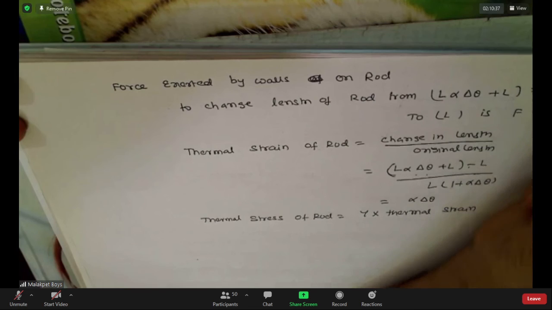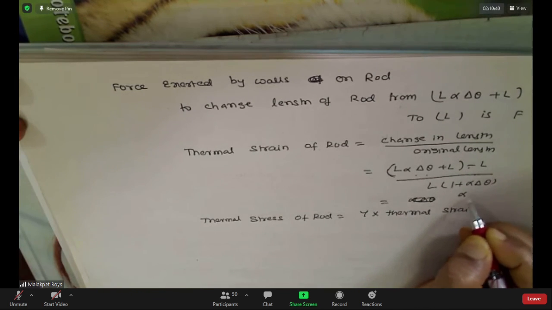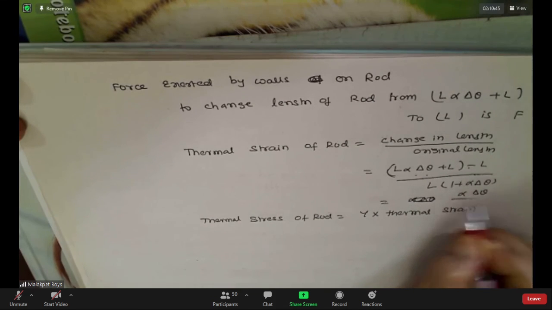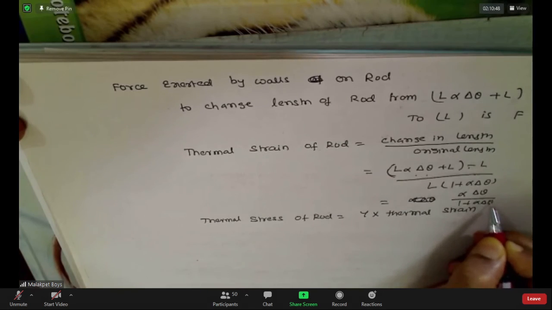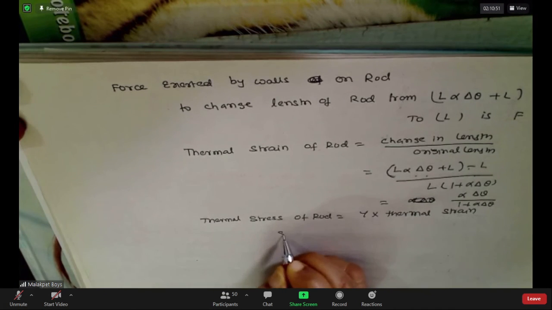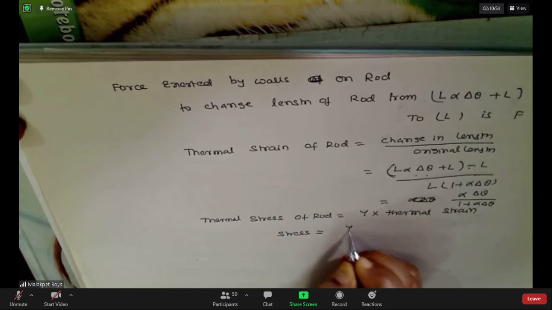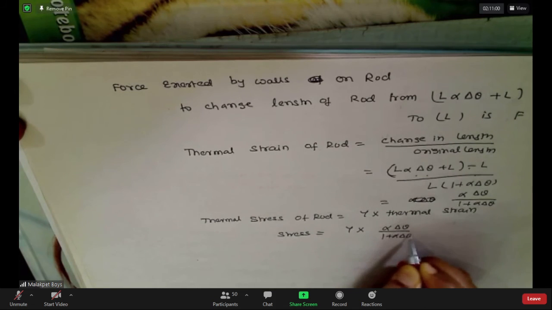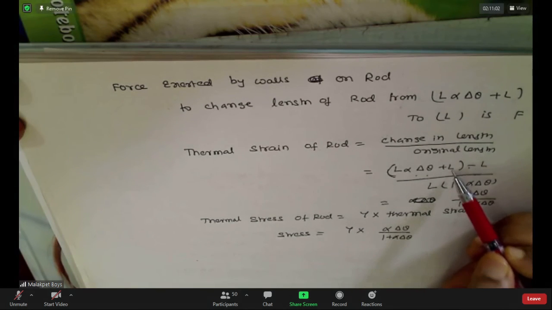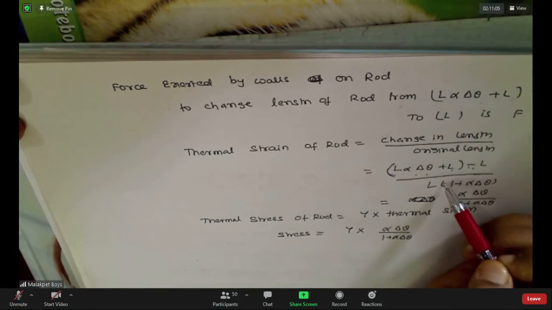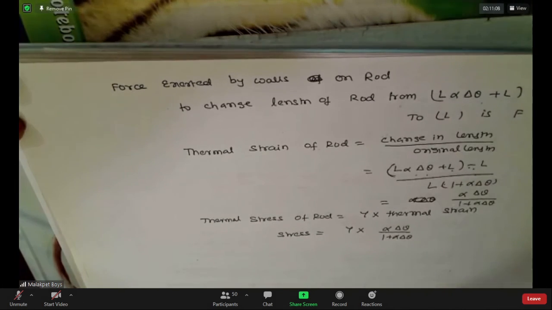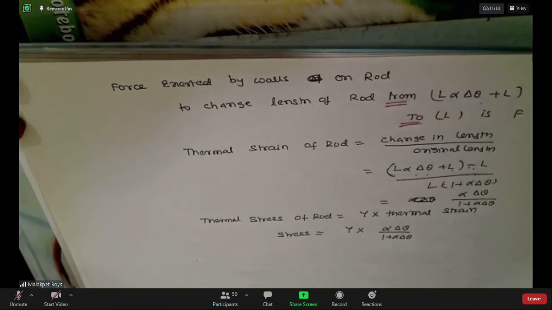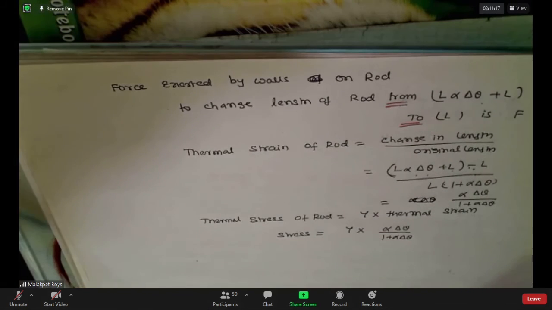Compressed. Actually, final length is L only now, sir. We are compressing from L alpha delta theta. No, change in length is final length minus initial, divided by original length. This is initial now. Yes, sir. Then our final length is L now, sir.